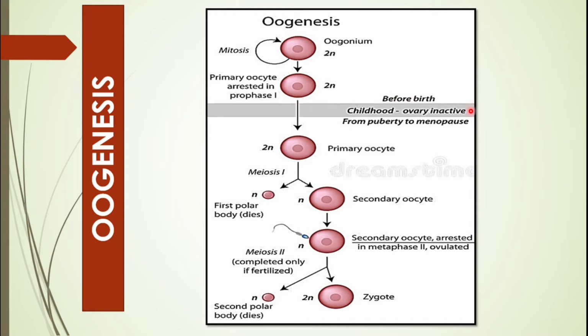During this process, that is during the growth phase, which happens from birth till a child attains puberty, meaning till around 9, 10 or 12 years of age, there is the literal growth of the ovarian follicles.